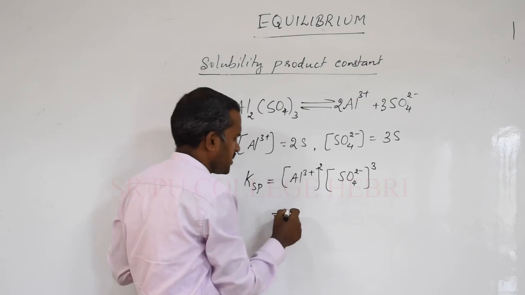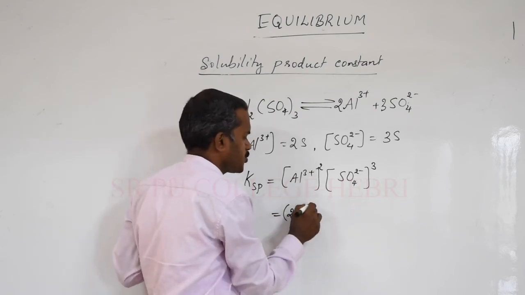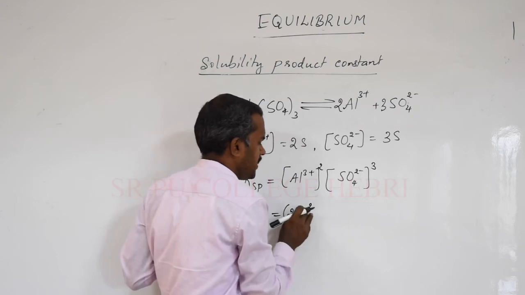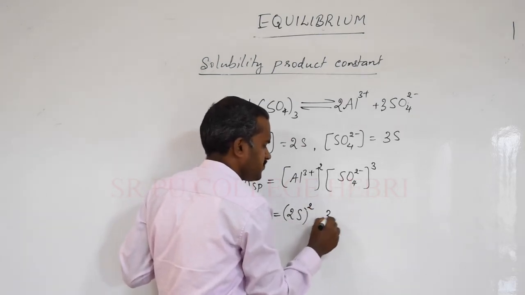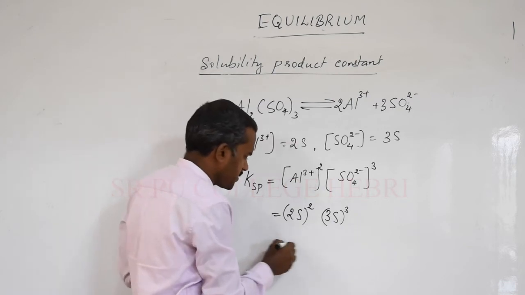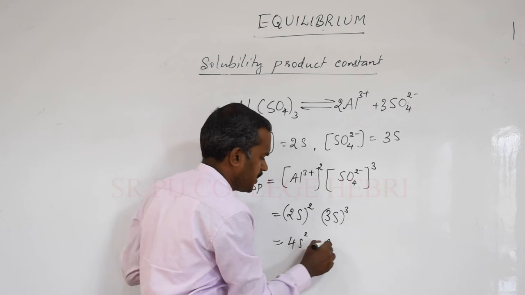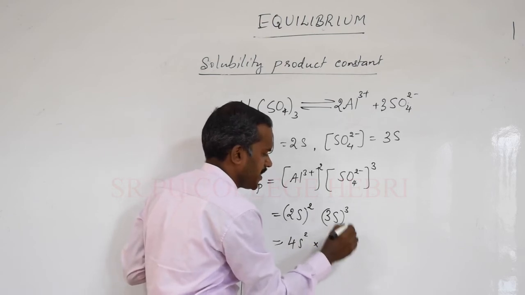Al3+ is 2s to the power 2, and this is 3s to the power 3. So on simplification it becomes 4s square into 3 cube, which is 27, s to the power 3 in total.